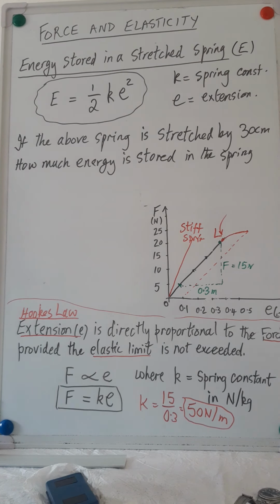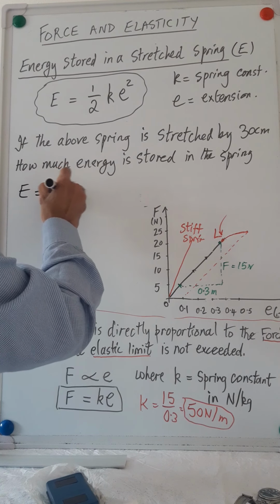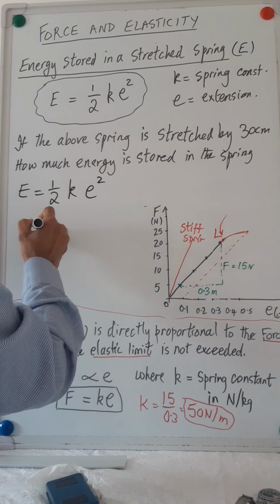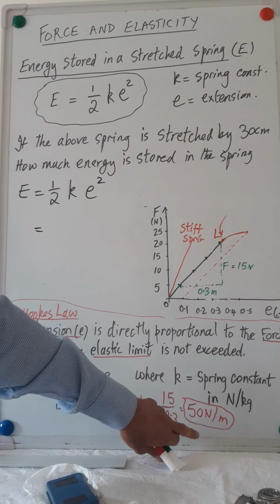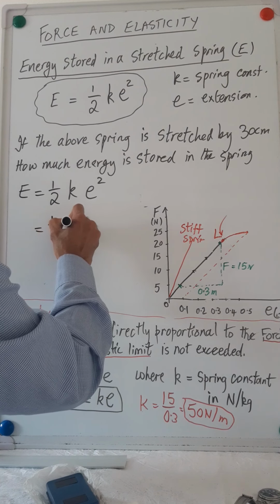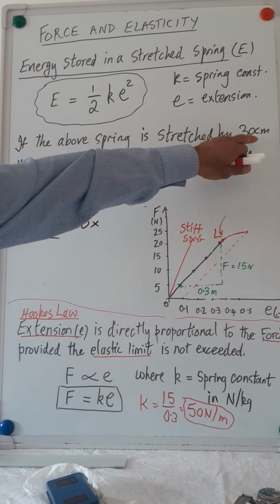So we can use the formula. Energy is equal to a half k e squared. Now remember, the spring constant is 50 newtons per meter. So we say half times 50 times the extension, which is 30 centimeters.